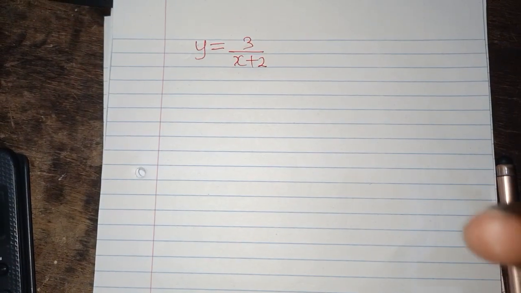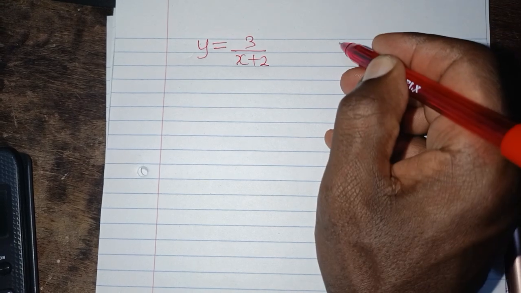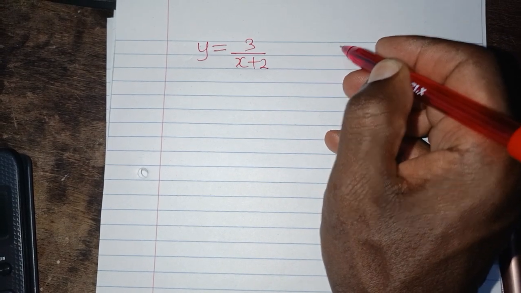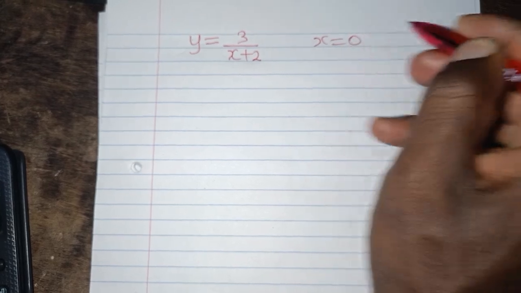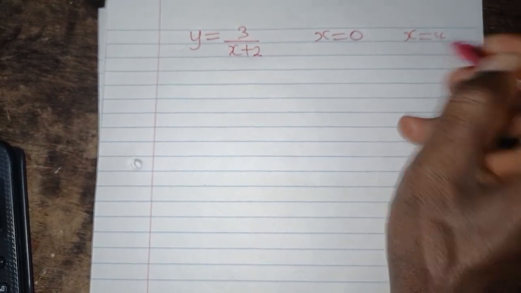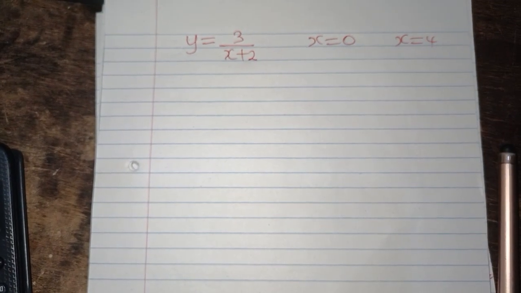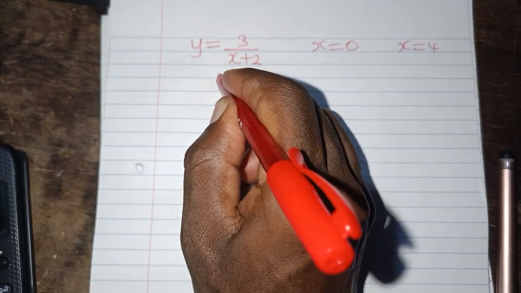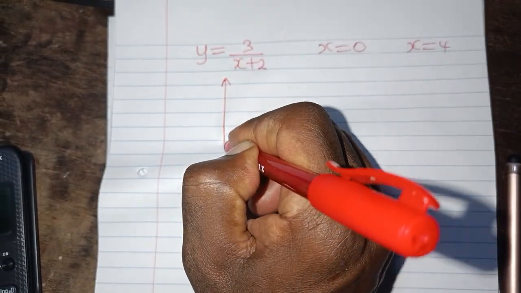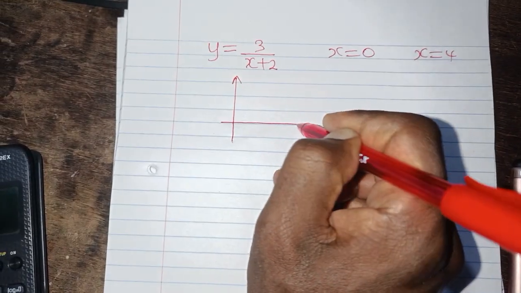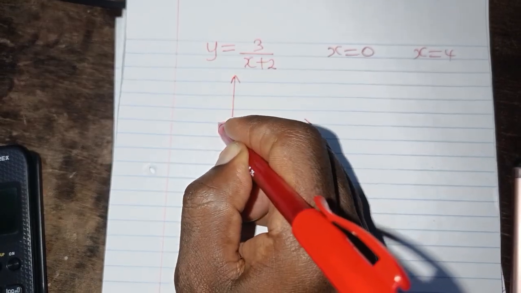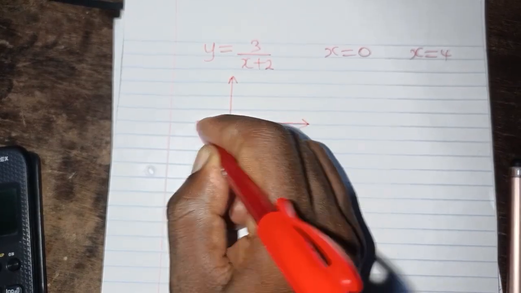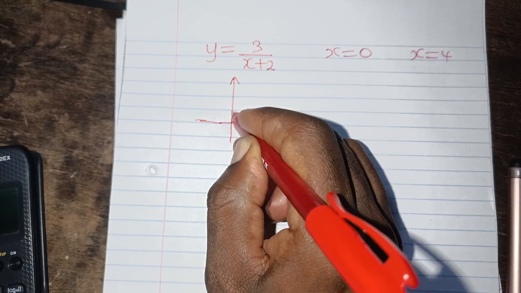So this is the equation of the curve, and you're told that the area to be obtained should be between this curve and the lines x equals 0 and x equals 4. If a sketch is made of this type, my good students, you can have this. So my assumption is that we have this as our curve.